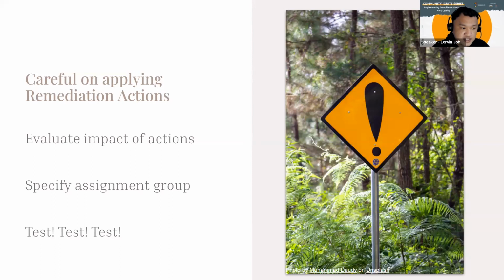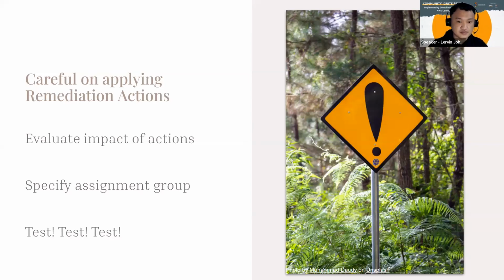And most importantly, and I can't emphasize this enough, you should be able to test your configuration rules, triggers, and remediation actions on a non-production environment before deploying them on a production environment.